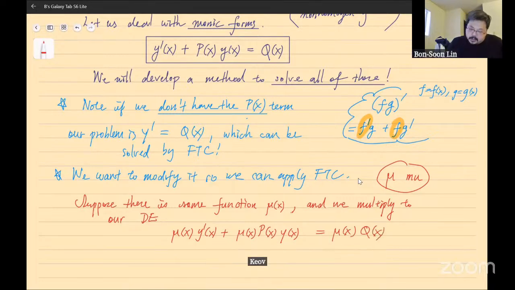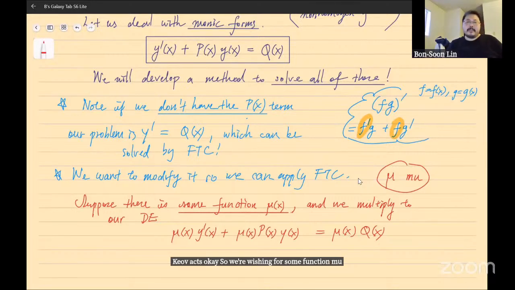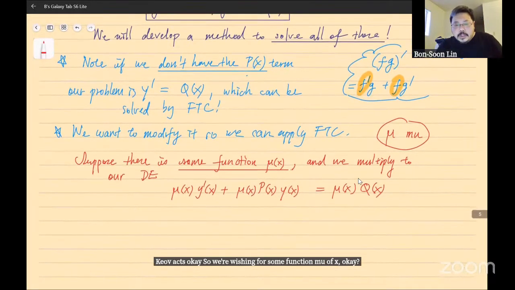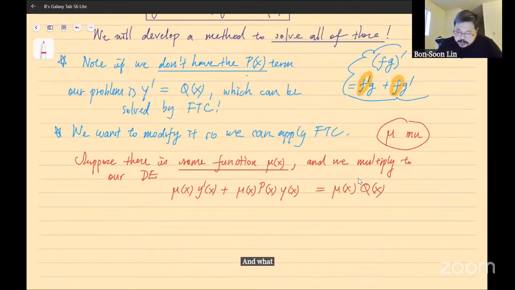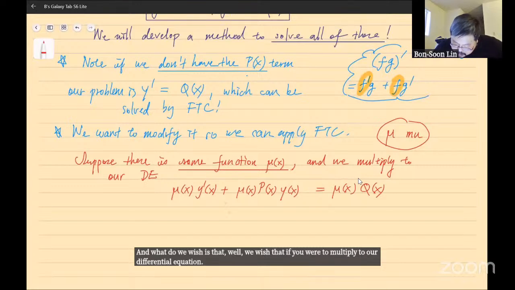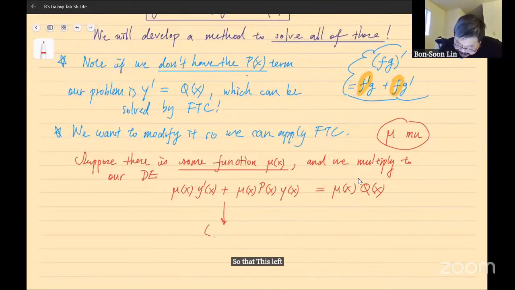Okay? So we're wishing for some function mu of x. And what do we wish is that, well, we wish that if we were to multiply to our differential equation, this left-hand side turns into the derivative of mu of x times y of x.